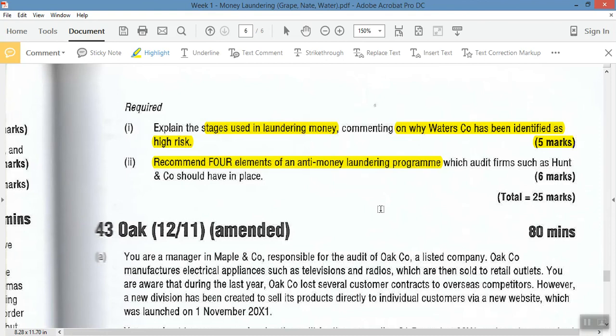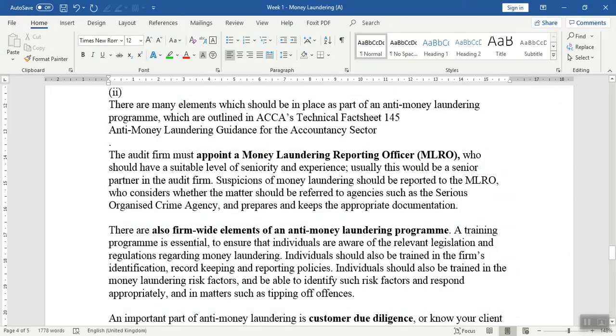So 4 things will appear again. Appointment of an MLRO, enhanced record keeping, client identification procedure, communication and training. If you write that, you will get full marks with detailed explanation. I don't want to go through it again, just now we went through it. Appointment of a money laundering reporting officer.